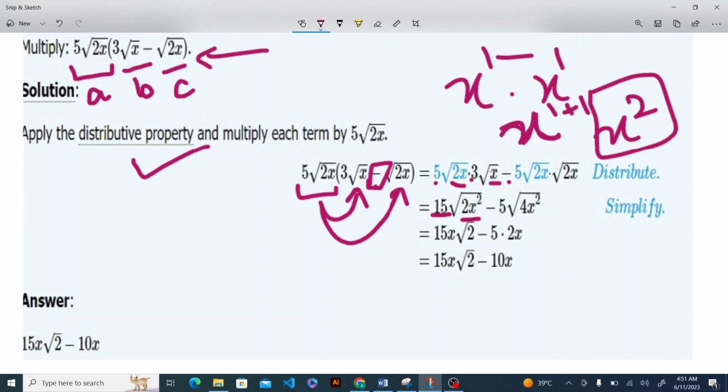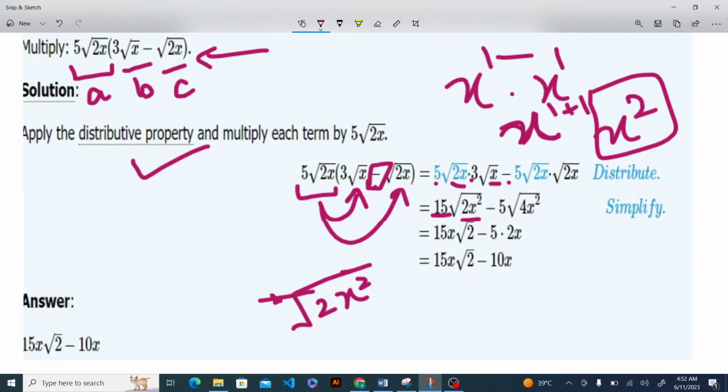See, as it is a square root, because there isn't a cube root written, by default a radical shows that it is a square root. Let me write it separately. This is 2x square and this is a square root.